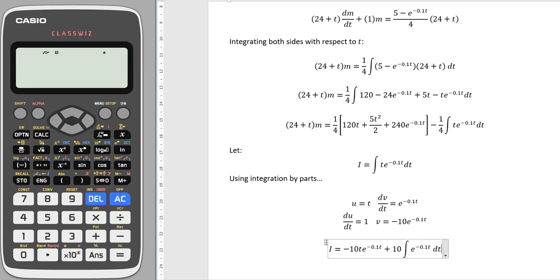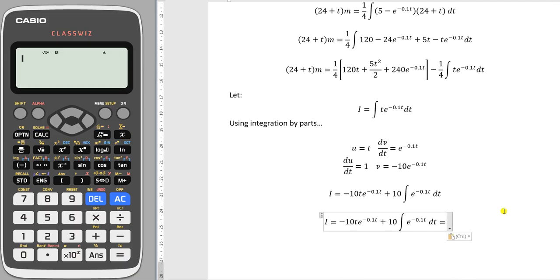So my integral becomes, well, e to the minus 0.1t integrates to minus 10 e to the minus 0.1t. But we've already got a 10, so we end up with a minus 100.